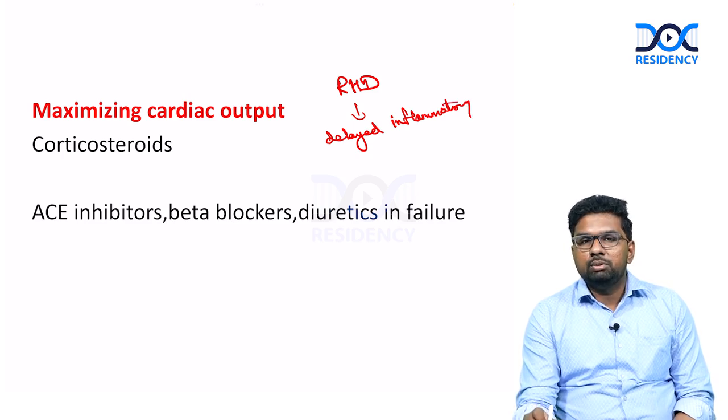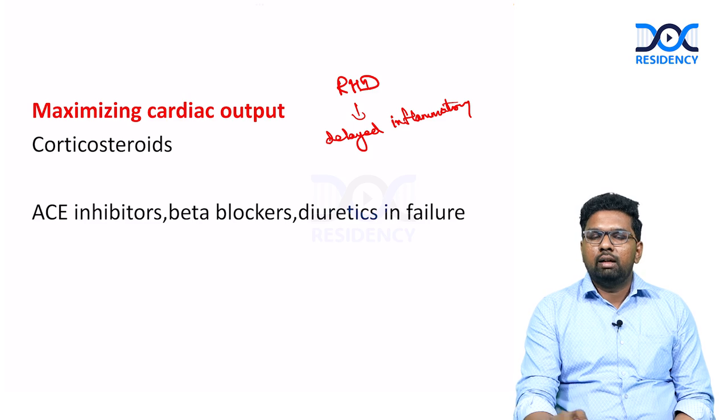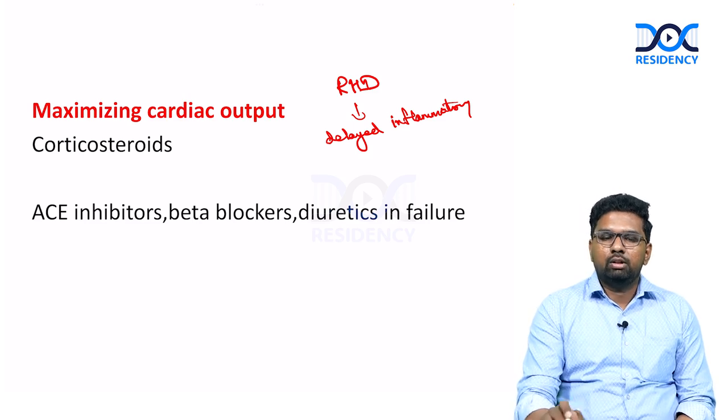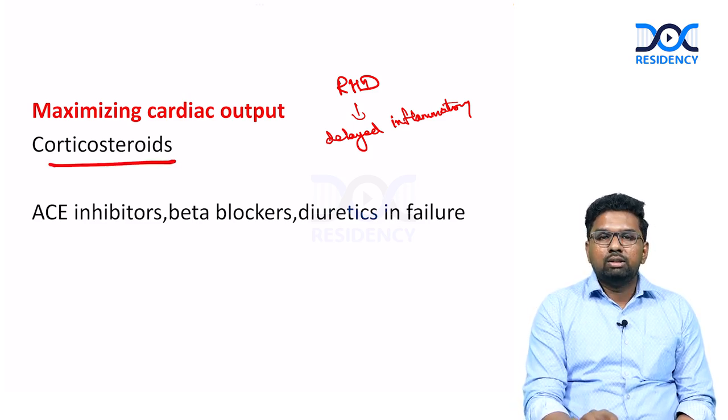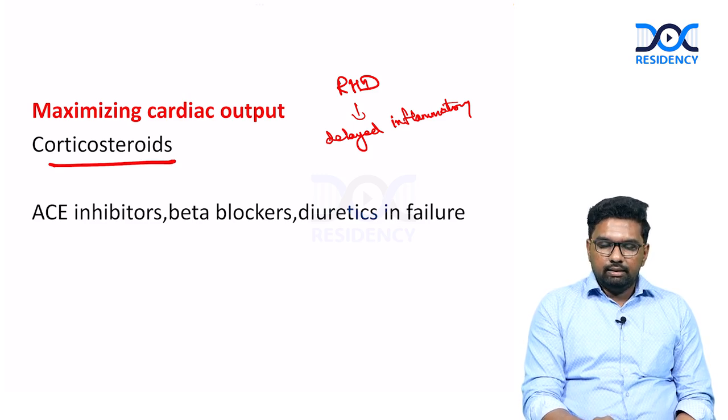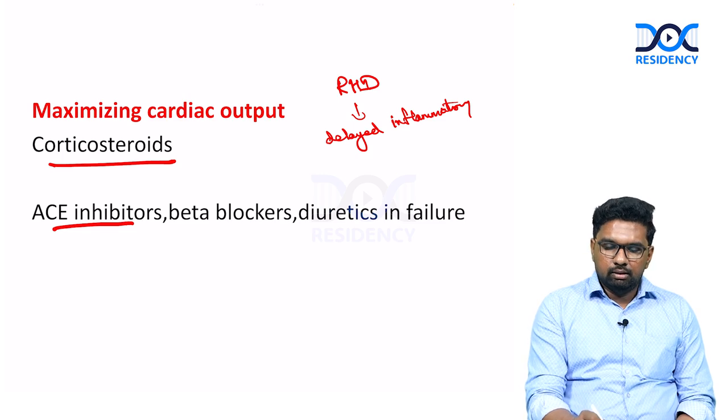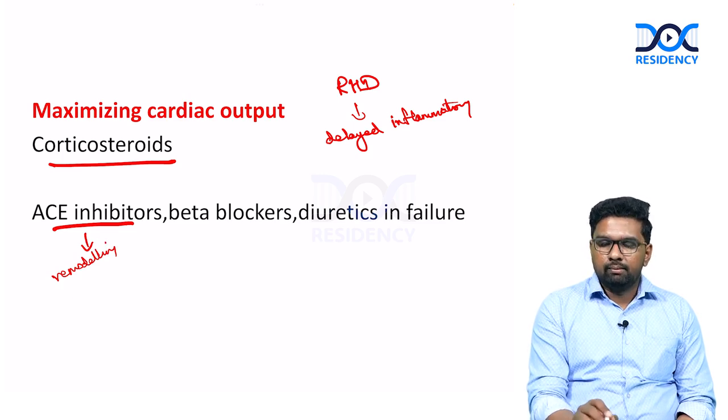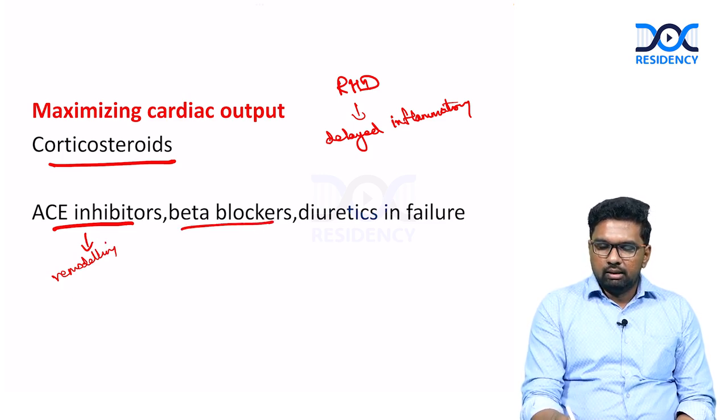So to reduce the severity of the valvular or cardiac damage, we can go for corticosteroids to reduce the inflammation. And ACE inhibitors like enalapril, captopril, ramipril prevent the remodeling of the heart, like the patient developing a ventricular hypertrophy. And of course beta blockers reduce the arrhythmias and reduce the load on the heart.